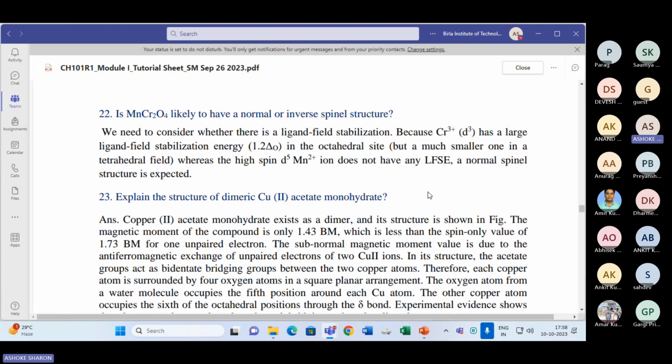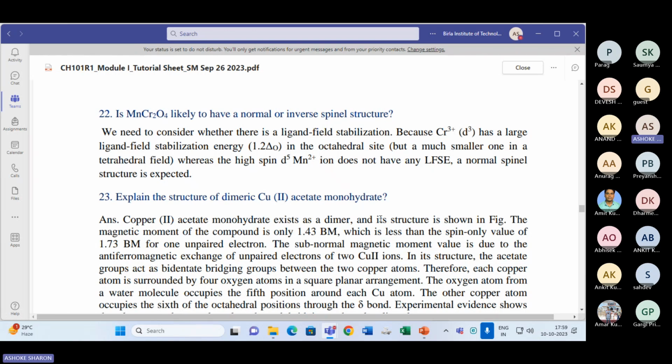Now the question may again come from the normal or inverse spinel. We have seen that when the inverse spinel is appearing, it may also be helpful if you are provided with the lambda, that is the occupancy factor of the tetrahedral void space.